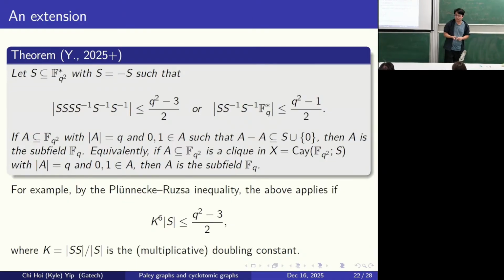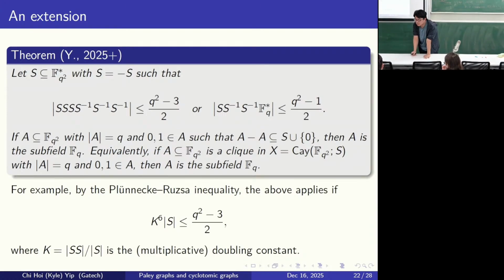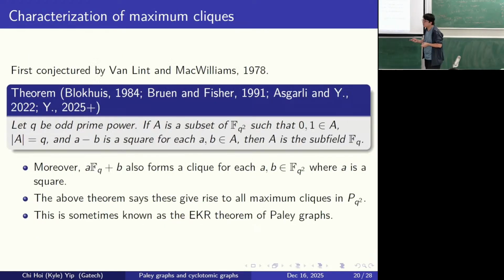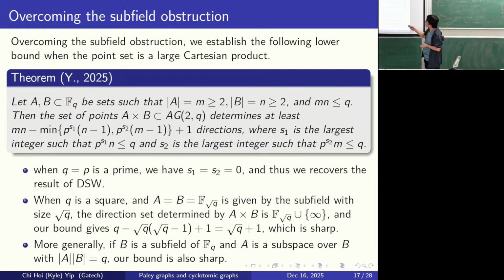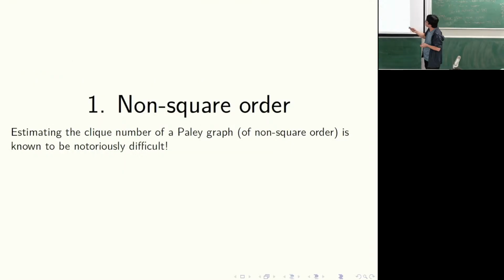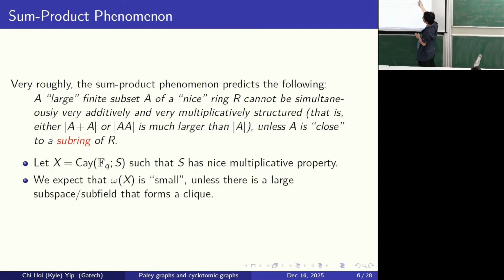Maybe I missed something, but maybe you used the sum-product estimate in your proof. I didn't use any sum-product estimate. But one of your motivations is the sum-product. Yeah, the sum-product phenomenon kind of tells us the expectation of the clique number.